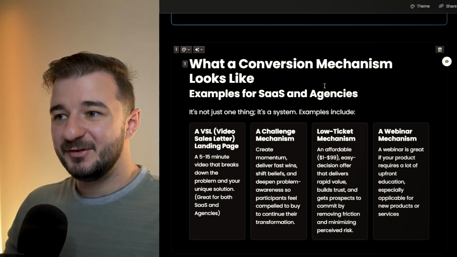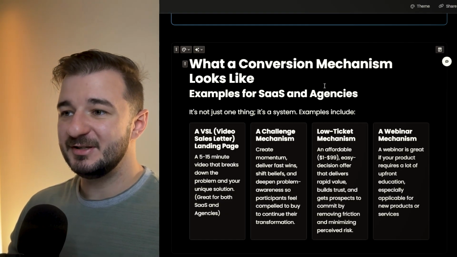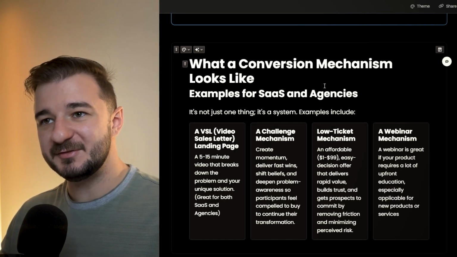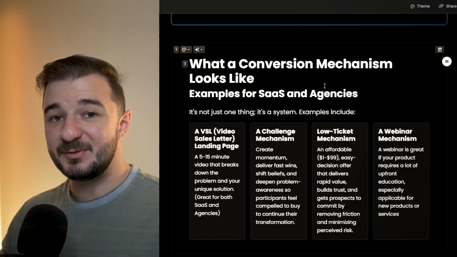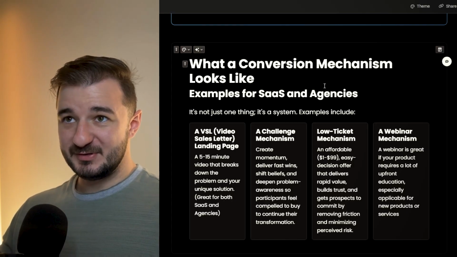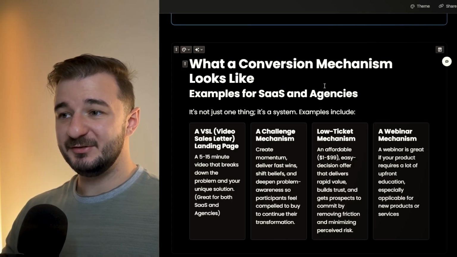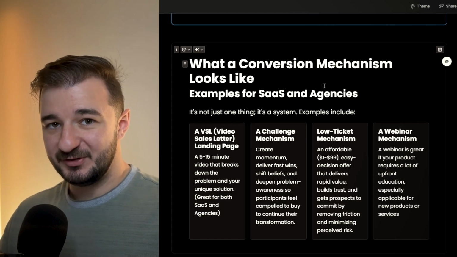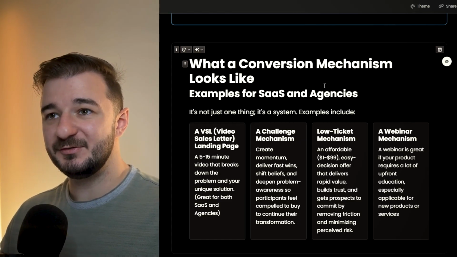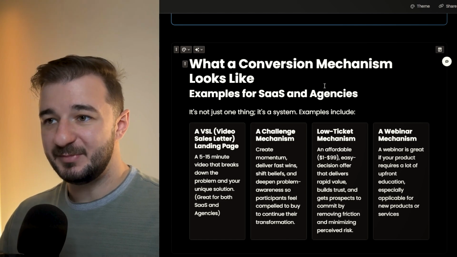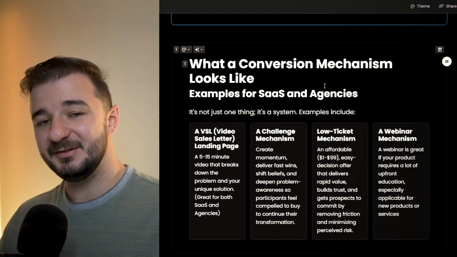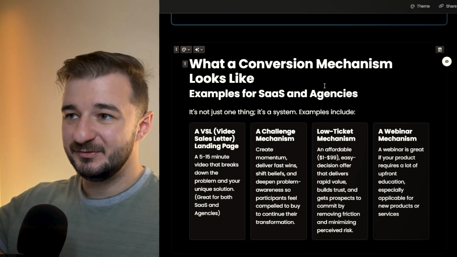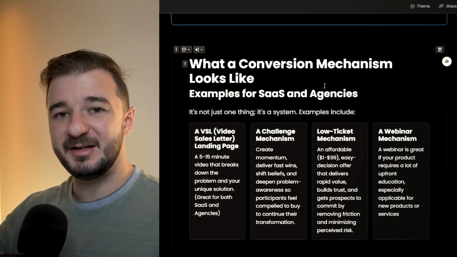But then you have a low ticket mechanism, where you usually sell either a course, or a PDF of some sort, like a checklist, a swipe file, or something that solves a very tiny problem, and you sell that for anywhere between $1 to $99. The idea behind that is to create a list of buyers on the front end, and ideally that list will break even.